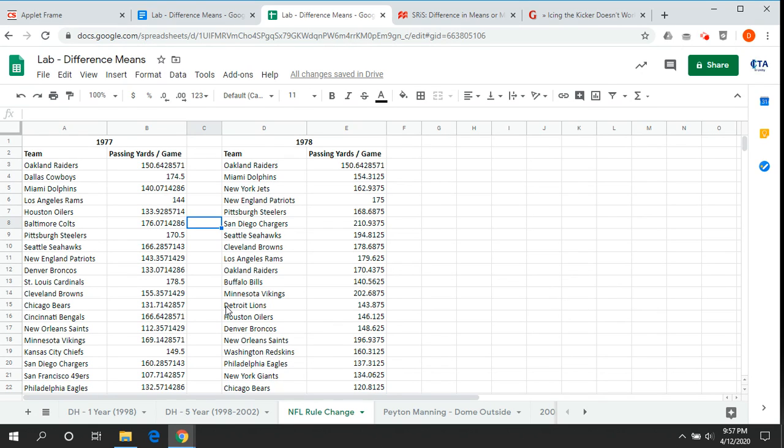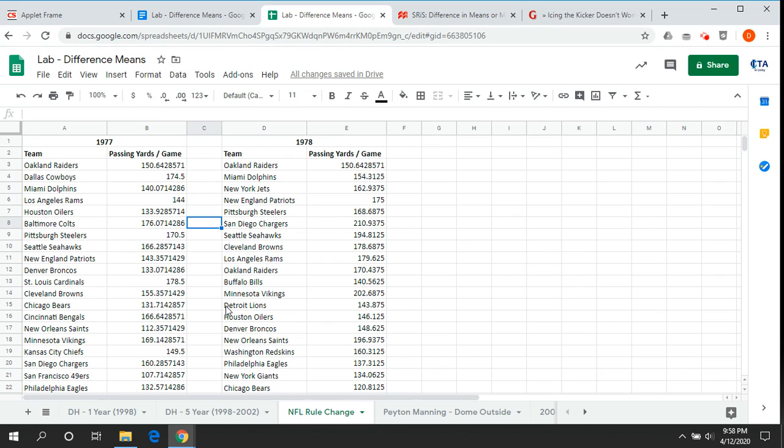So what we're going to study is whether or not that rule actually made a difference. So we're going to look at the passing yards per game before the rule. We're going to look at the passing yards per game after the rule, and then try to see whether it made a difference.